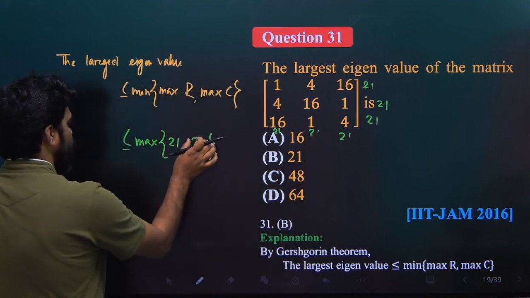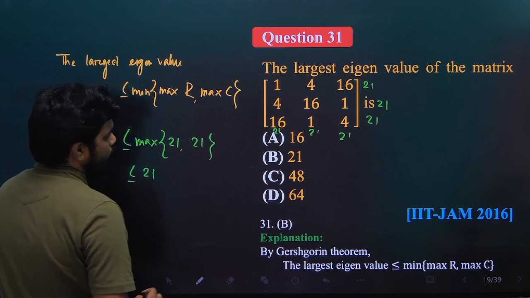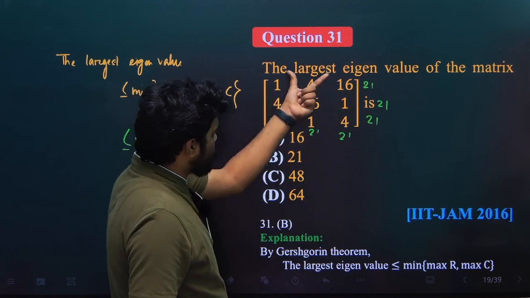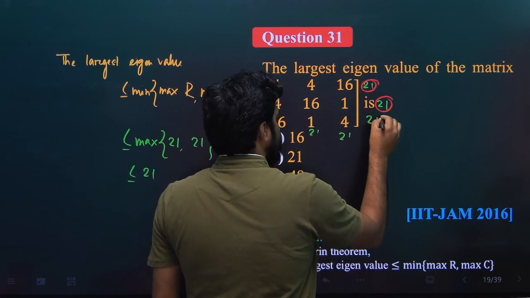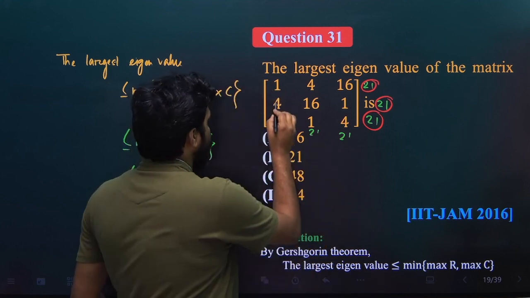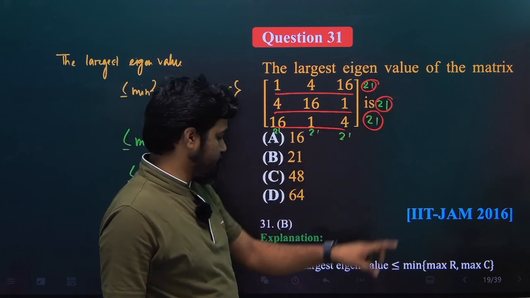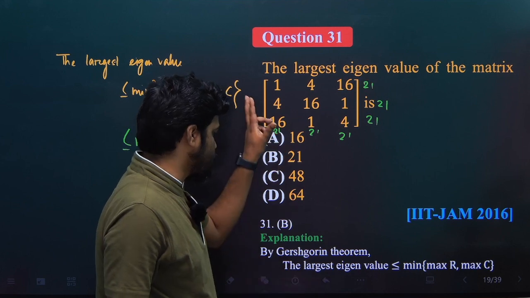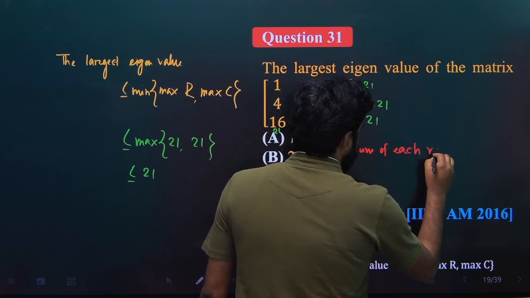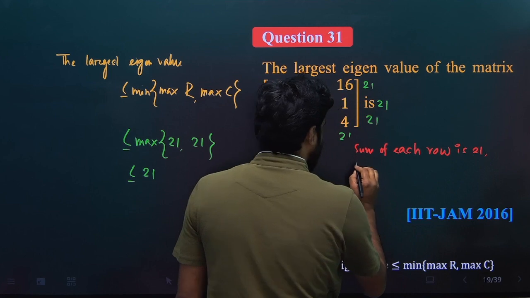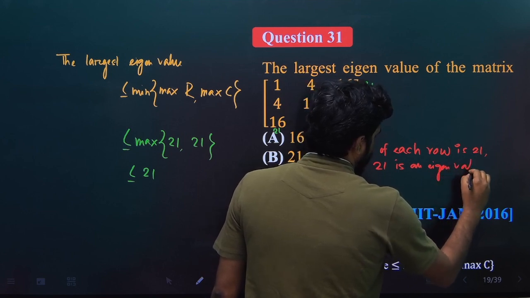এবার দেখো ম্যাক্সিমাম অফ 21, 20, দ্যাট মিনস 21, so this the largest eigenvalue, so this is less than equal to 21. দেখো অবভিয়াসলি 21 ইজ দ্য আইগেন ভ্যালু। কেন? প্রত্যেকটা রো এর সাম করলে তুমি কি পাচ্ছ, সাম অফ ইচ রো ইজ 21, প্রত্যেকটা রো এর সাম করলে তুমি 21 পাচ্ছ, দ্যাট মিনস 21 মাস্ট বি অ্যান আইগেন ভ্যালু। ওকে, sum of each row is 21, so 21 is an eigenvalue.